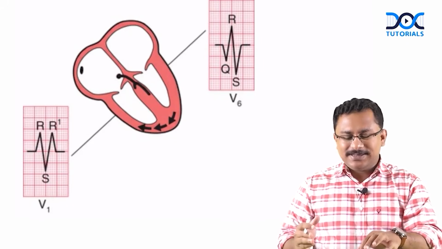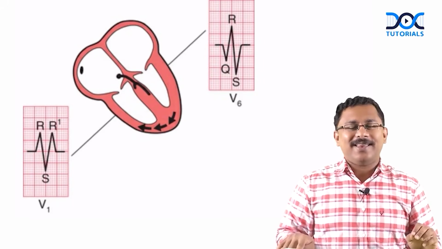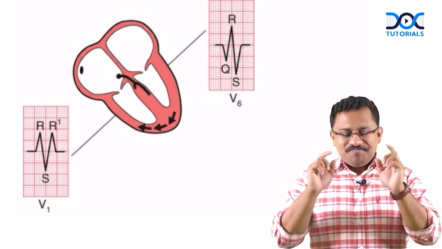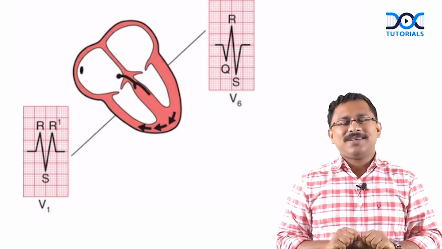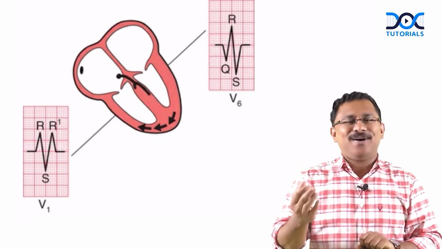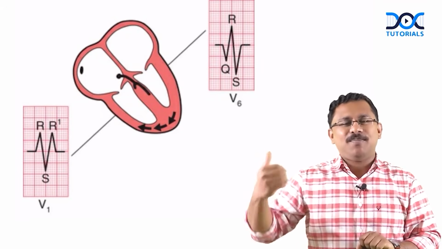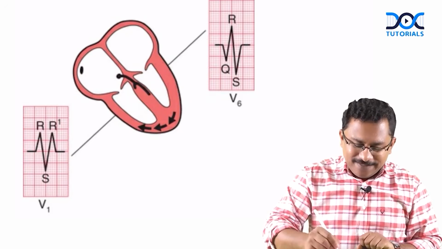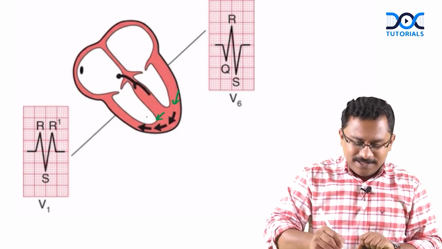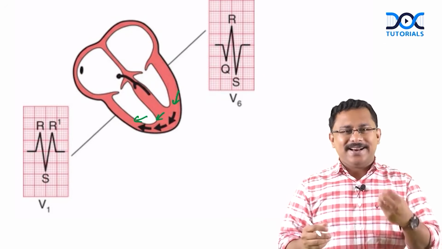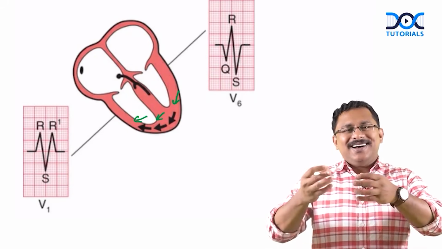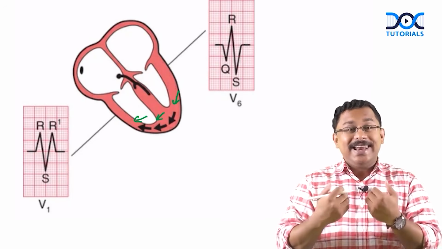Now you have got to have depolarization of the right ventricle, correct? But the right bundle branch is blocked. So you will require the help of the left bundle branch to depolarize the right ventricle. So the impulse has to travel in the reverse direction to depolarize the right ventricle. So now there are vectors moving towards lead V1.